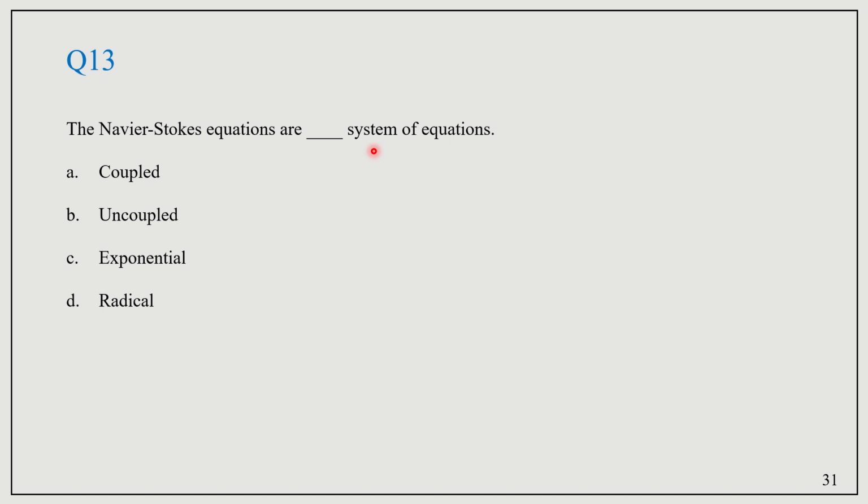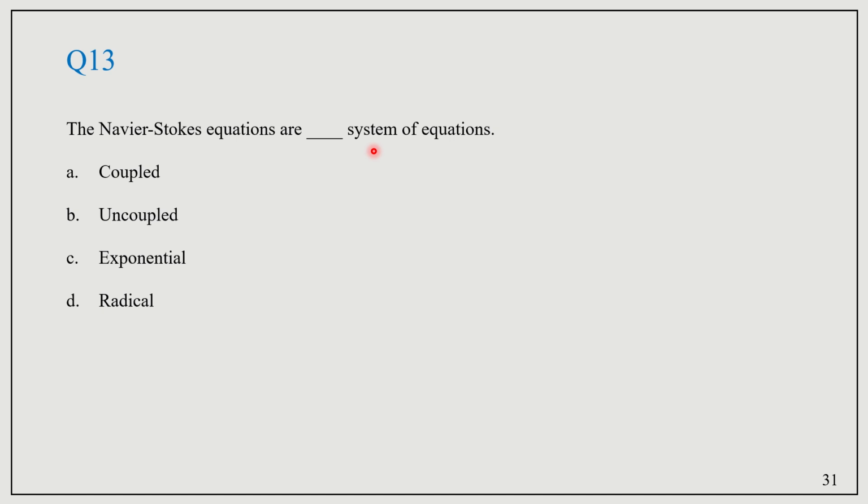Why? Because the pressure and velocity terms are both appearing together, so we cannot split those while solving the equations. That is the reason it is very difficult to solve Navier-Stokes equations. In general, it is difficult because it is a coupled system of equations, the varying terms appear together in the equations.